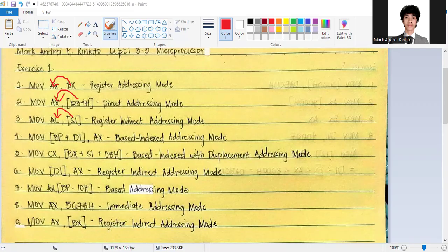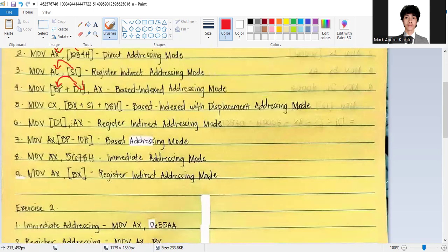If you're going to add two registers, and then put the result in a specific register, it will be a base index addressing mode. So we will be moving AX into the value of these two, BP plus DI.